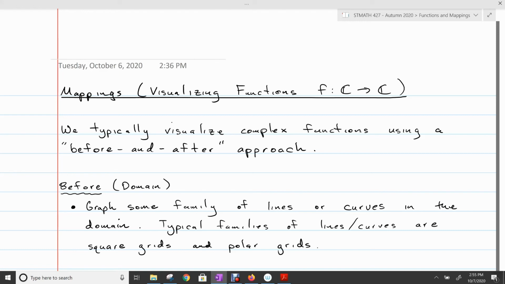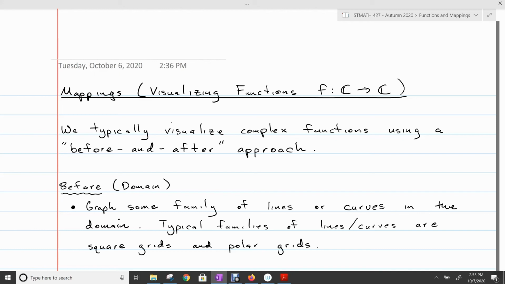But if you try to play the same game with complex functions, the input is a complex number, which you can think of as a two-dimensional point itself, and then you'd be pairing that with another two-dimensional point as the output. And that pair of pairs is essentially a four-dimensional point. And visualizing four-dimensional points is kind of tricky.